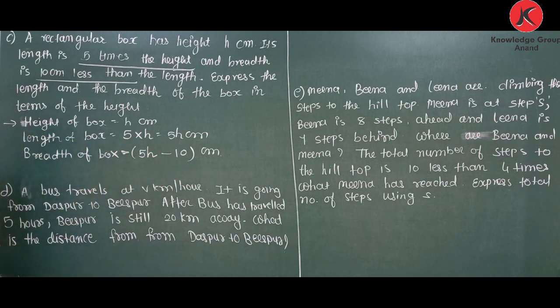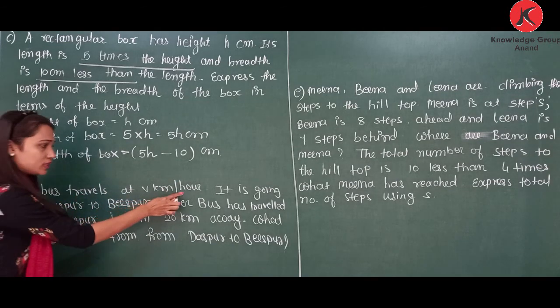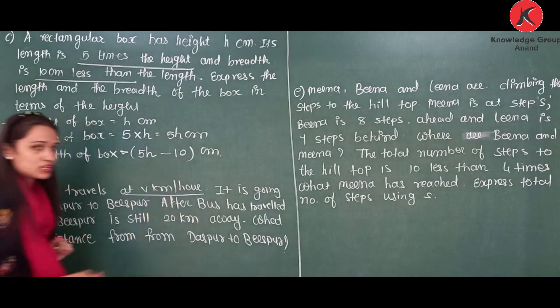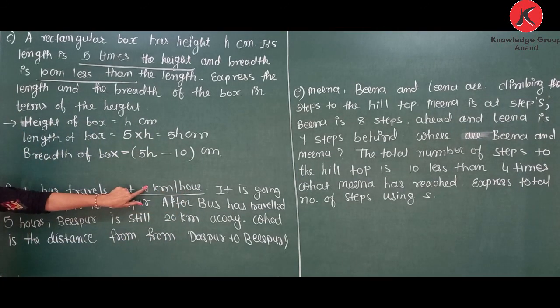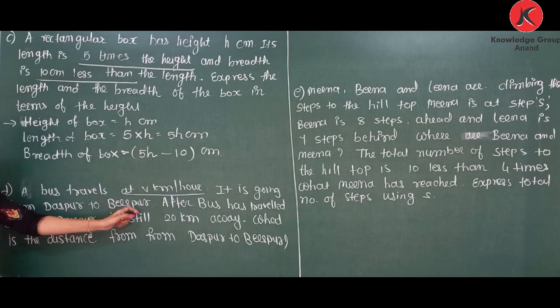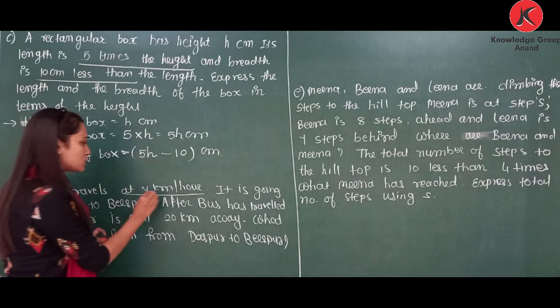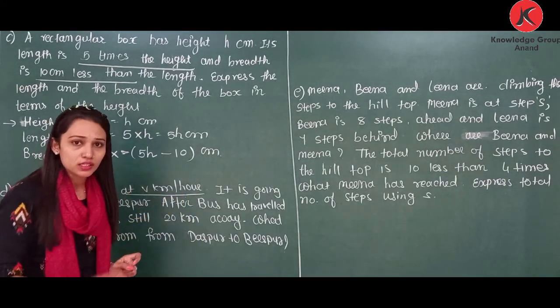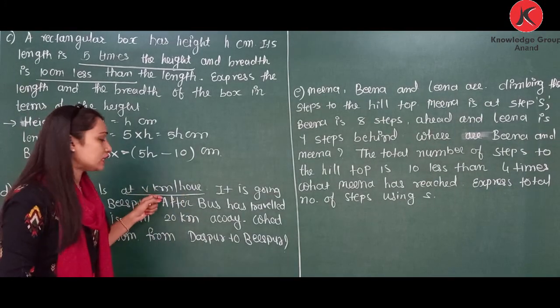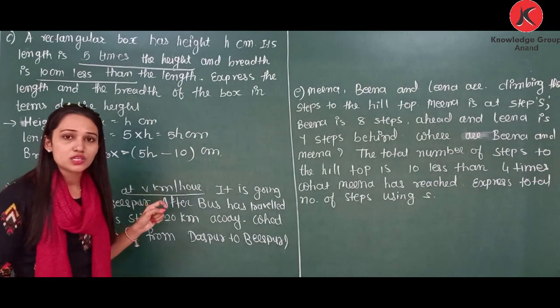Clear? Now next one. A bus travels at v km per hour. What is speed? In 1 hour, it can cover v km. It is going from Dashpur to Bijpur. After the bus has travelled 5 hours, how much distance will it cover?